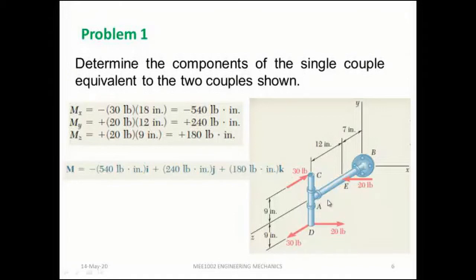But this 20 lb and this 20 lb will form an anti-clockwise couple about the y-axis. So about the y-axis, it is 20 lb into the distance between the two forces, that is 12, and the sign anti-clockwise is positive, so 240 lb inch. The first one is clockwise, so it is negative.